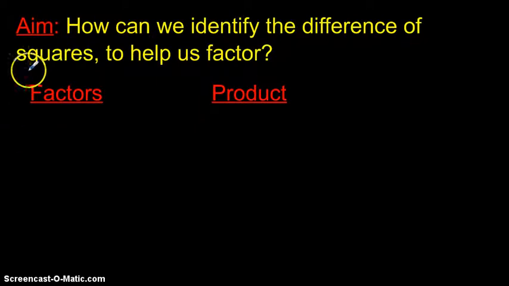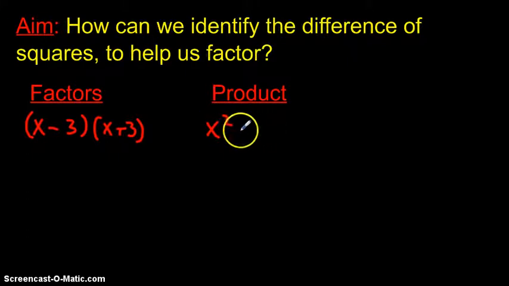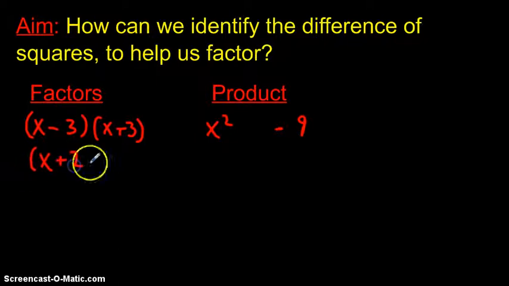The factors of difference of squares look like this: x minus 3, x plus 3. If you multiply that out, you actually get x squared plus 0x minus 9. And I'm purposely leaving a space for that 0x. Alright? We could look at x plus 2, x minus 2, and that'll be x squared minus 4.